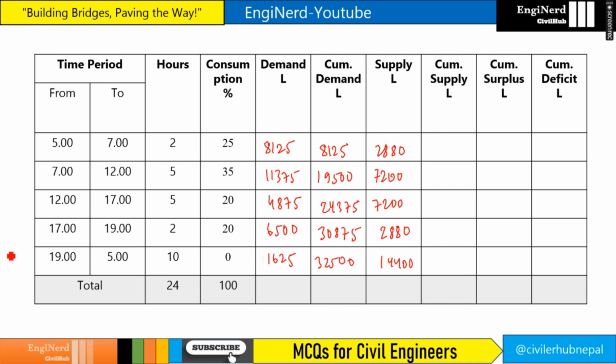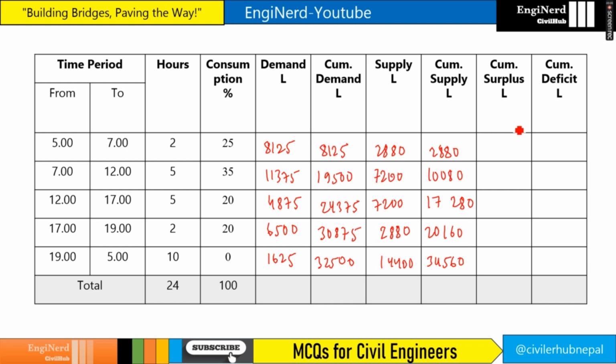Now for the supply part, it will be 2880 in the first part, and the second is adding 7200 in that, so 10080, and again adding 7200, it will be 17280, and again adding 2880, it will be 20160, and again adding 14400, it will be 34560.